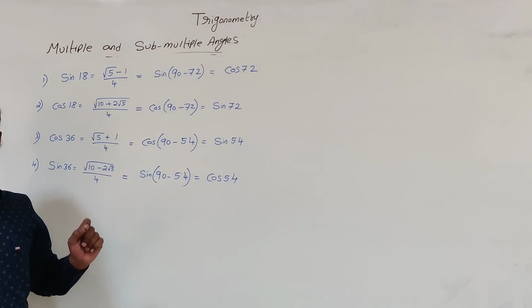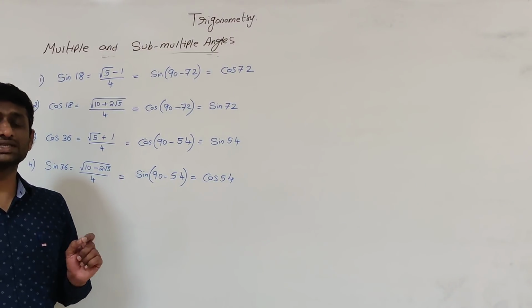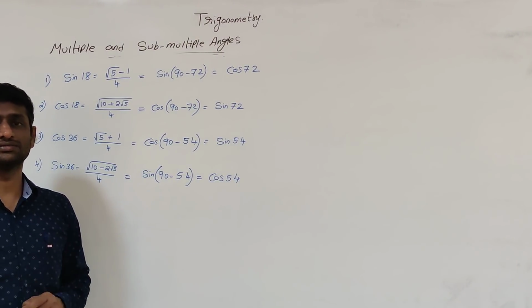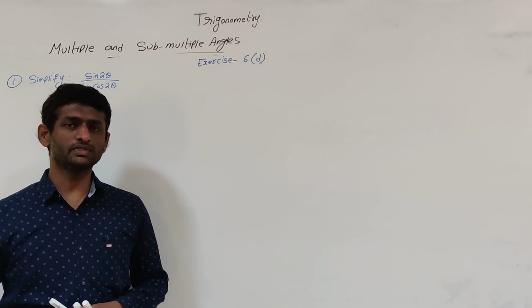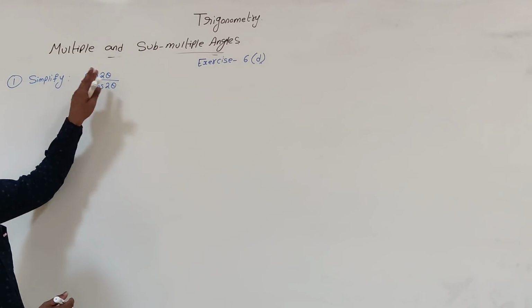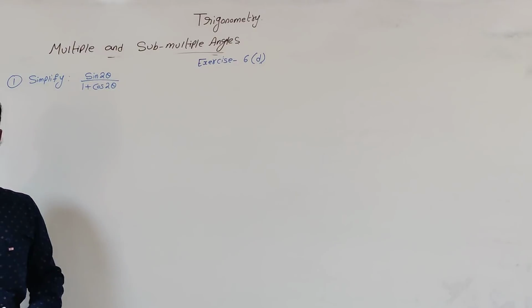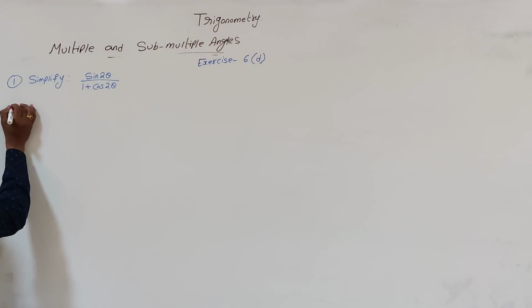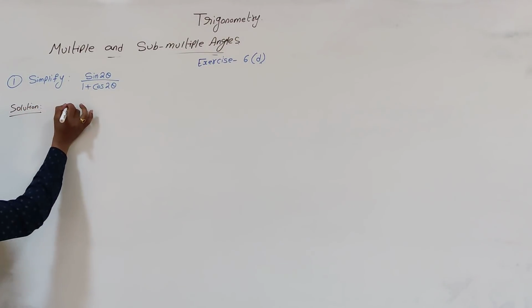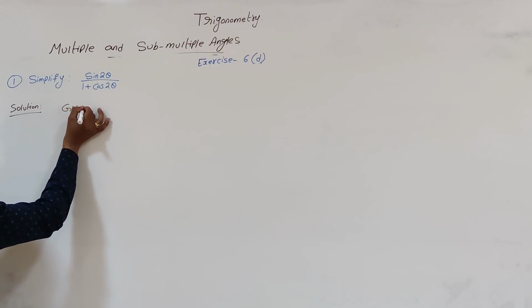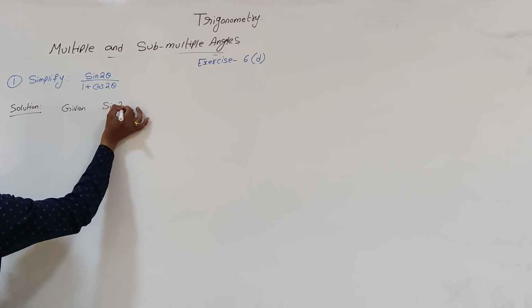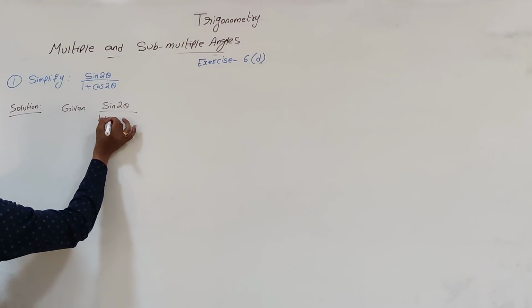Now we'll see the problems given in the exercise 6D. The problem is simplify sin 2 theta by 1 plus cos 2 theta. So we'll see the solution. Given sin 2 theta by 1 plus cos 2 theta.